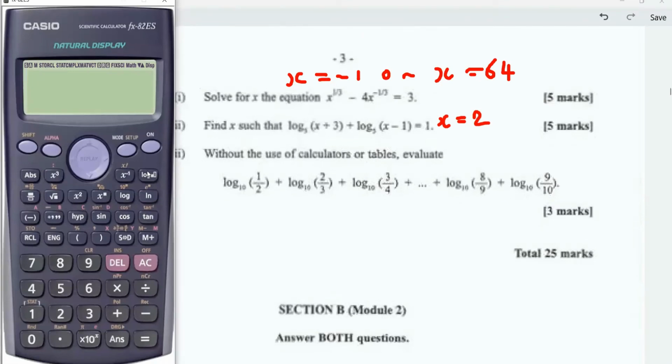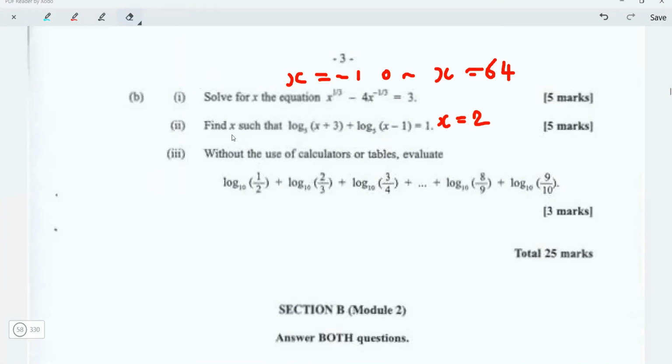If I write the log base 5 of x plus 3 and put x as 2, 2 plus 3, plus log to base 5 of 2 minus 1. I guarantee I'm going to get the 1. See there, I get the 1. That's because x equals 2, but minus 4 couldn't work. Minus 4 cannot work. So x equals 2 is the only value for x.